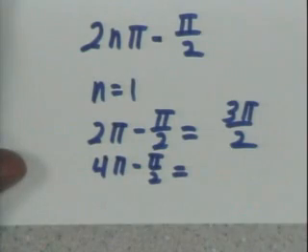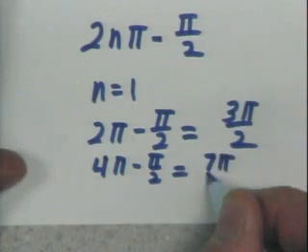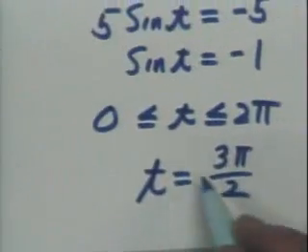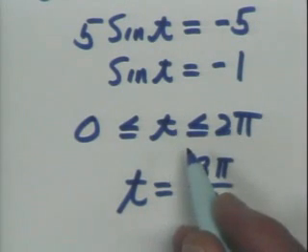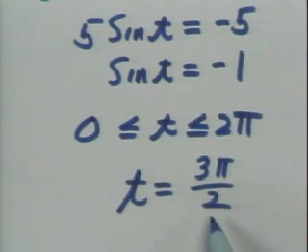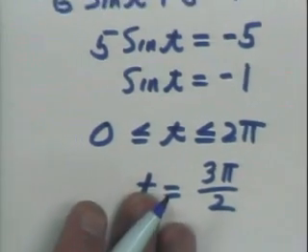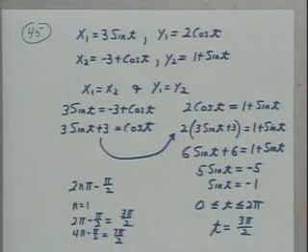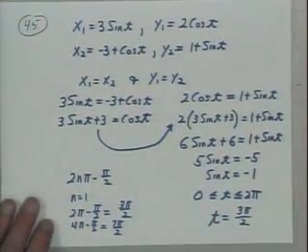What's that? 7 pi over 2. Would that work too? Yeah, it's just that my answer had to be where? So that's why I picked that one. Okay? So, according to this, I get a point of intersection when t is 3 pi over 2, right?